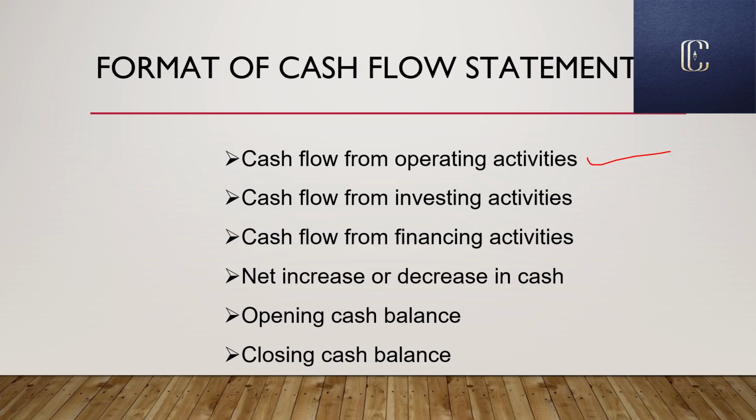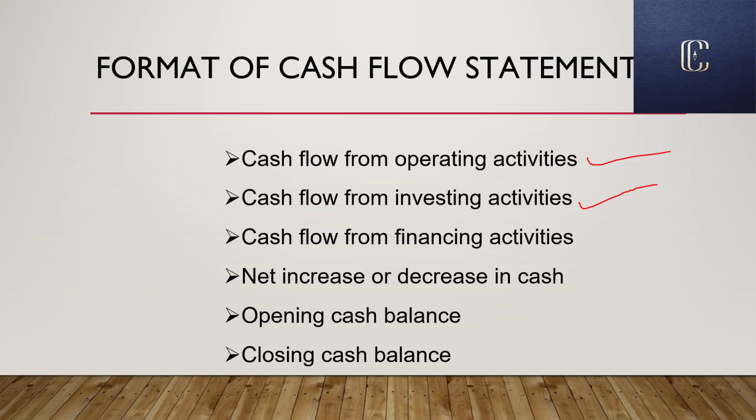The second one is the cash flow from investment activities. This section shows purchase or sale of long-term assets and investments made for future growth. For example, buying machinery, selling land, purchase or sale of investments. This tells whether the business is expanding or selling assets.